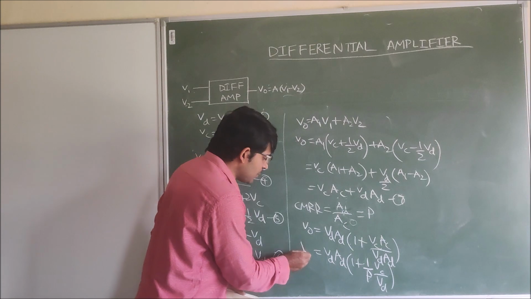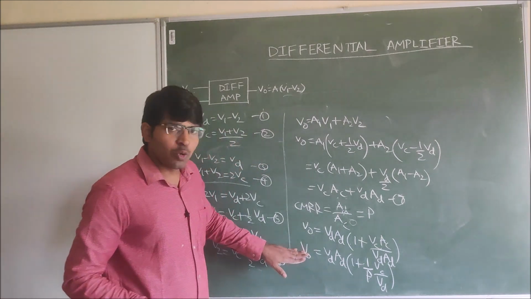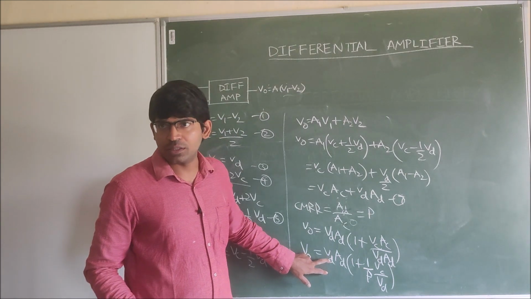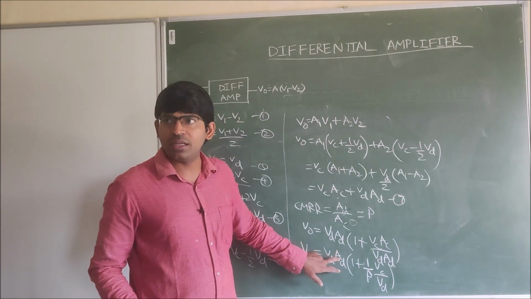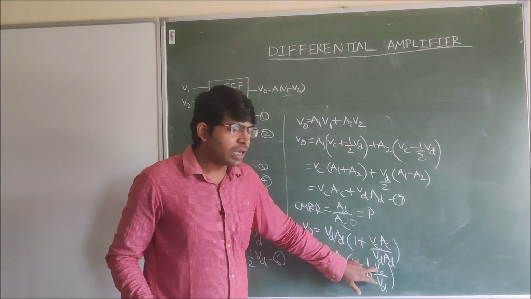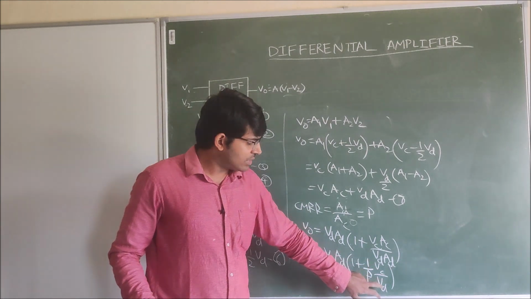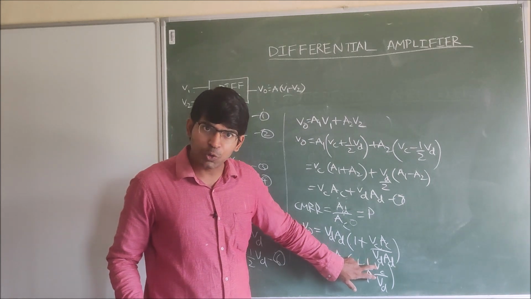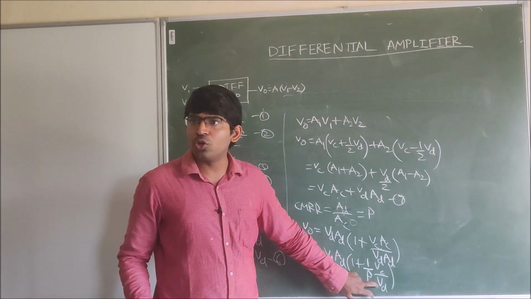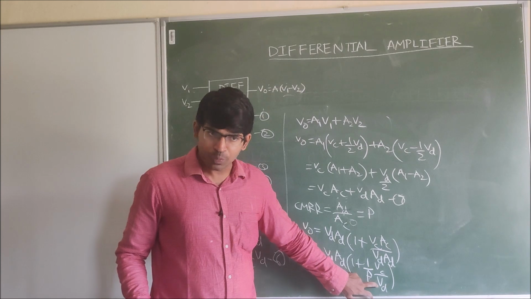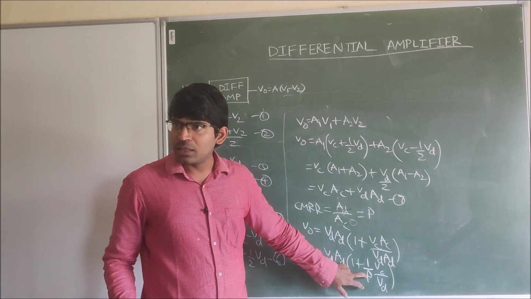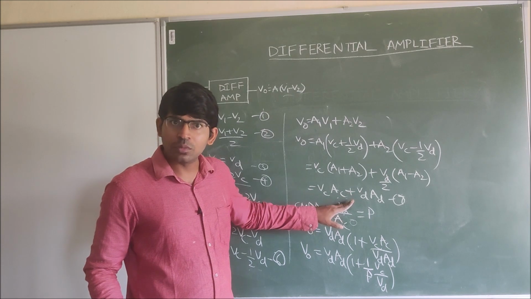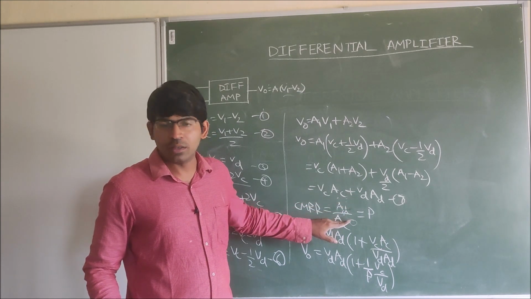So this is the relationship between the output voltage, the differential voltage and the differential gain. This is the common mode signal, and this is the differential signal. Vc is equal to (V1 plus V2) by 2, Vd is equal to V1 minus V2, and this is CMRR, the ratio of the differential gain to the common mode gain.